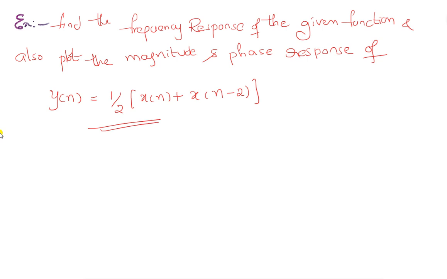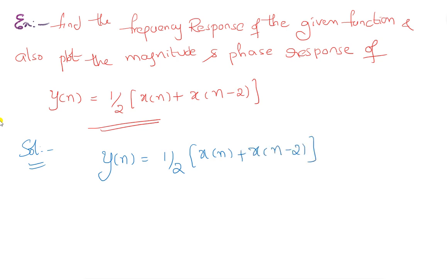Okay, so we need to find the frequency response of the given function and also plot the magnitude and phase response of this given function. For this case the solution is: what is our given function? y of n is equal to 1 by 2 into x of n plus x of n minus 2.